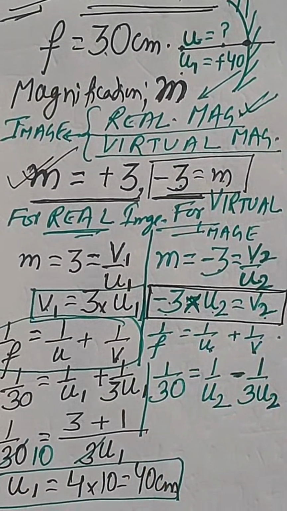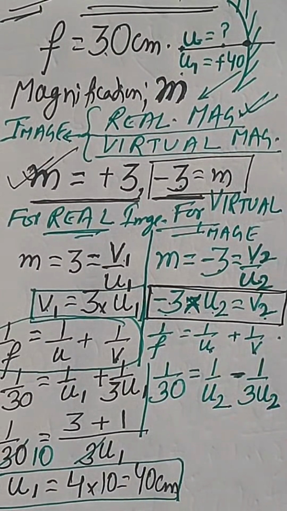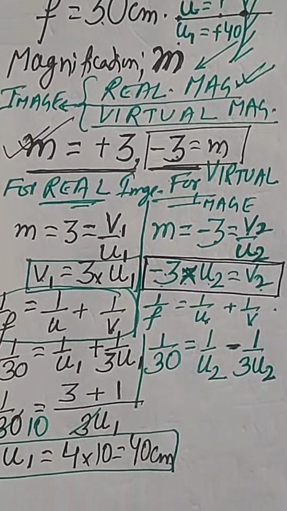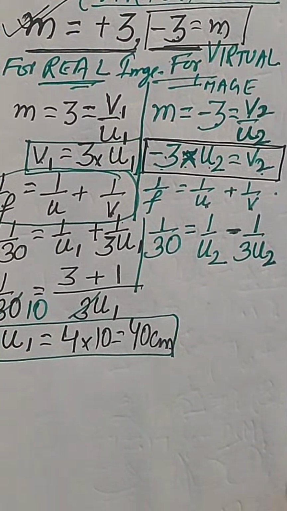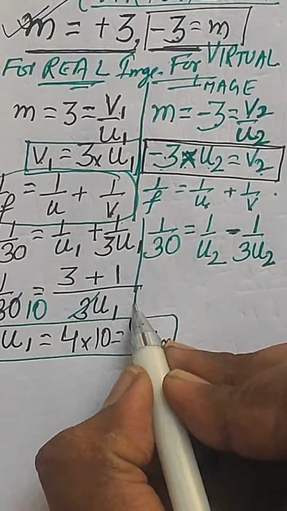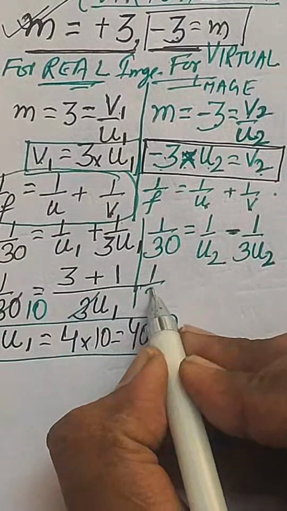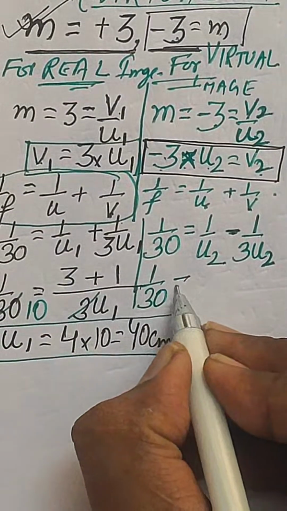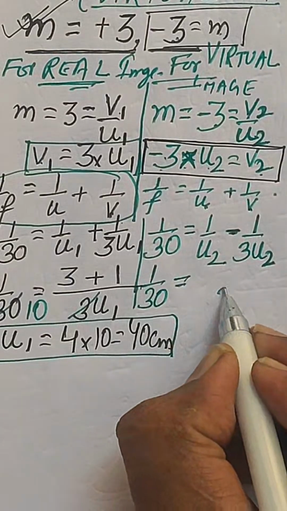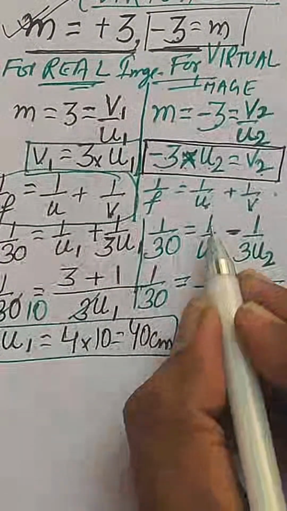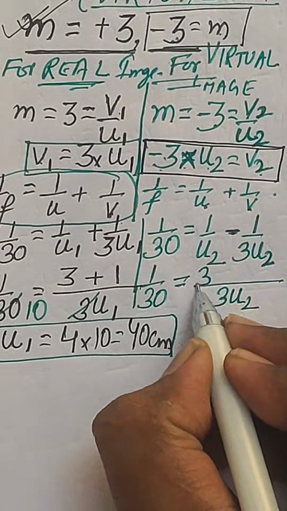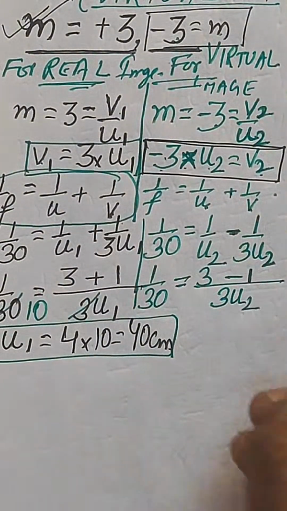Now let us solve the second part also. So here, when you solve, you get 1 by 30 is equal to 3u2 in the denominator, and in the numerator it will be 3 minus 1.